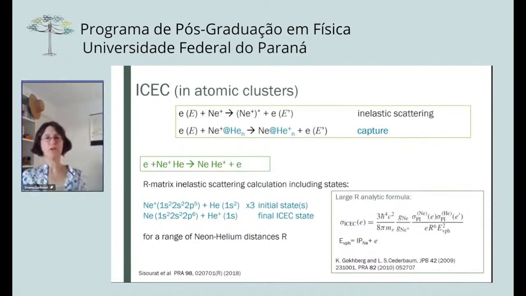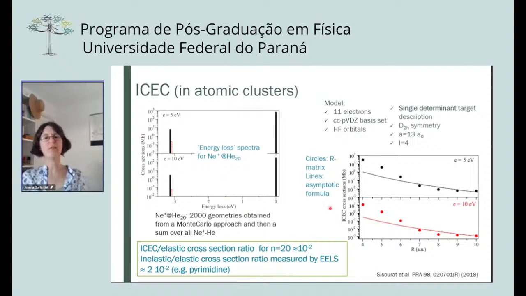First of all, if you look on the right, for two scattering energies, we've got the cross sections for different distances between the helium and the neon. And what this shows is that when the distance is large, the asymptotic formula that is given by the lines gives results in agreement with the better R-matrix calculations.